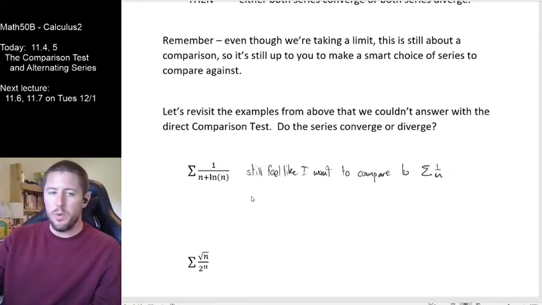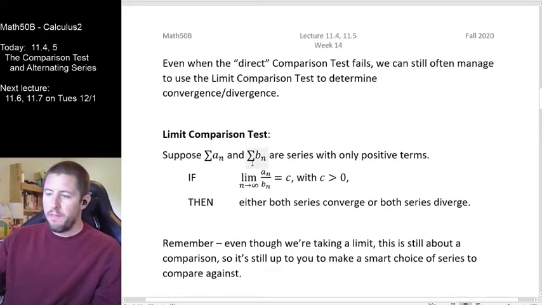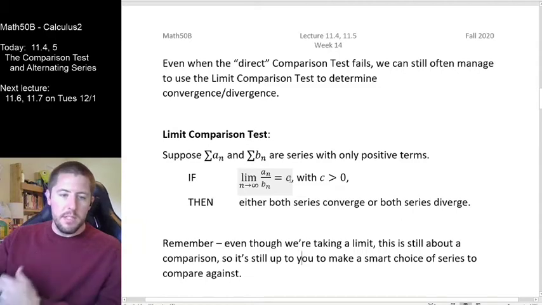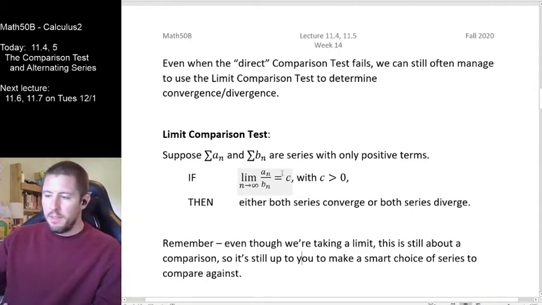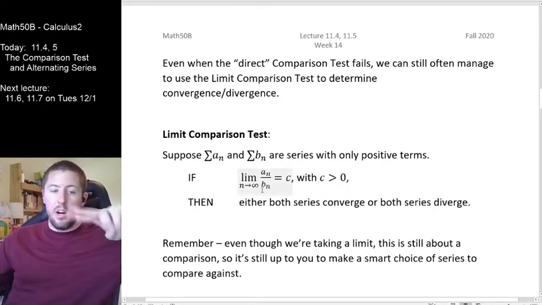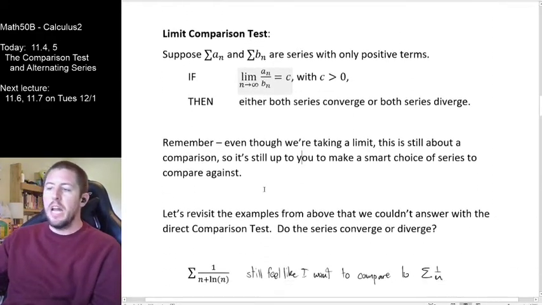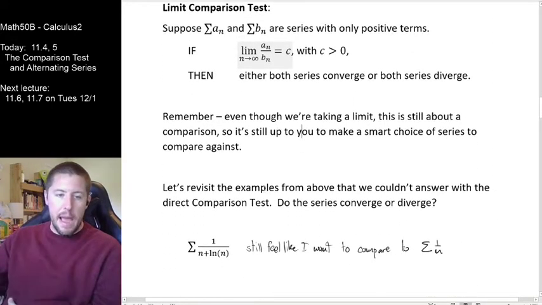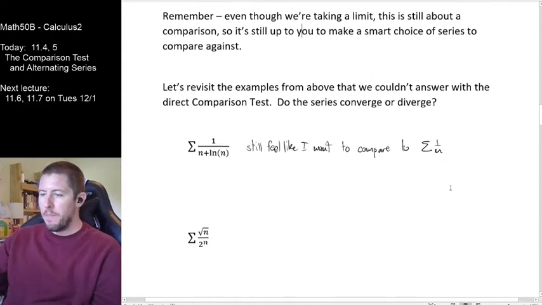It doesn't matter which one you pick as a sub n and which one you pick as b sub n. If we flip a sub n and b sub n, we would just get 1 over c instead of c. But if c converged to a number like 86, then we're going to get 1 over 86, which is also another positive number. So it should work out either way the exact same.